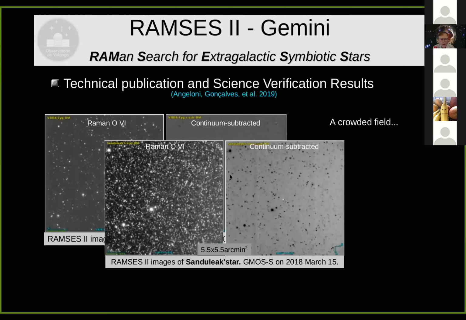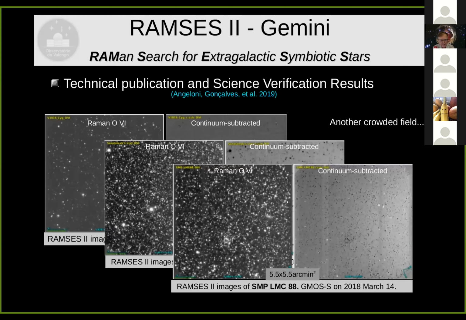Another case in a crowded field is a bit more complicated, but it still clearly identifies the object here. And there is a third one here in a crowded field as well, in which we knew that this object emits in Raman O6, but we didn't find it.